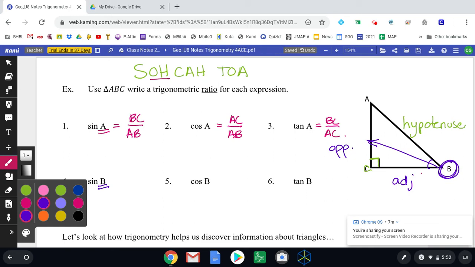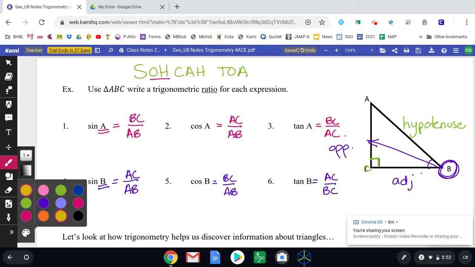So my sine of B, my opposite side, I have AC over my hypotenuse AB. My cosine of B, my adjacent side, would be BC over AB. And my tangent, my opposite over my adjacent, I have AC over BC.